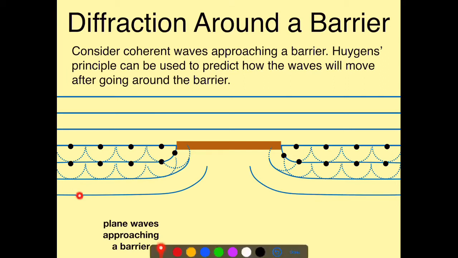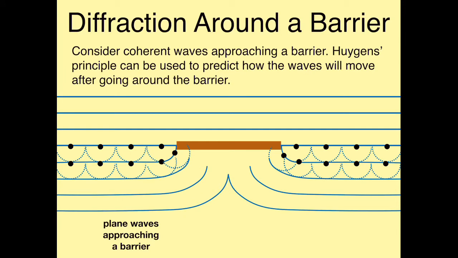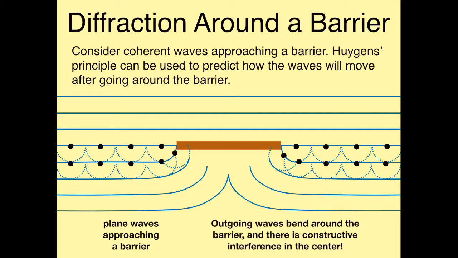So the next wavefront looks like this, and the next one looks like this. So again, what's happening is the outgoing waves are bending around the barrier. That's diffraction. And notice how at the very center, we have constructive interference. Okay, so this wavefront is constructively interfering with this one at the very center.